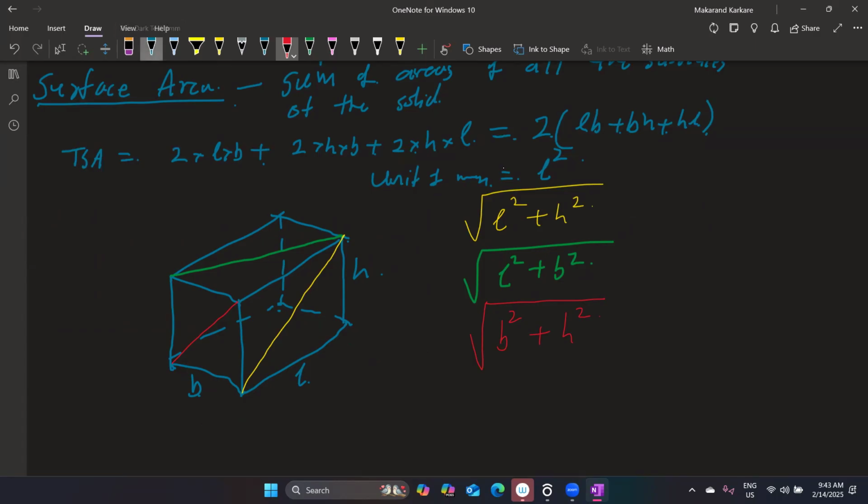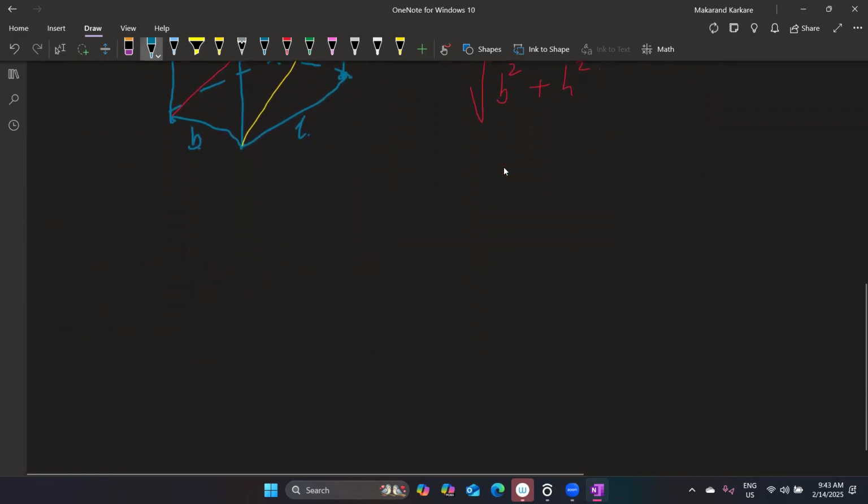Okay, look at what I am talking about. I am talking about from this point to this point. Let me draw another figure that I think makes better sense.